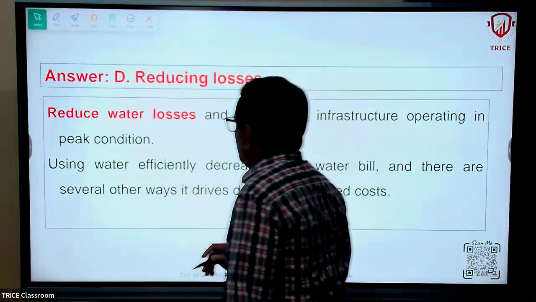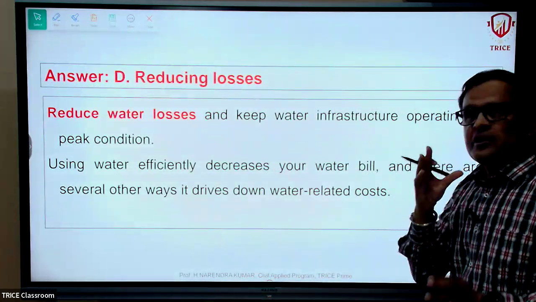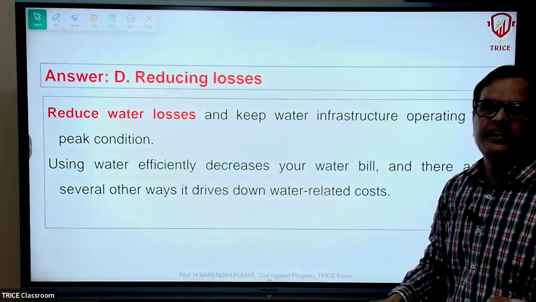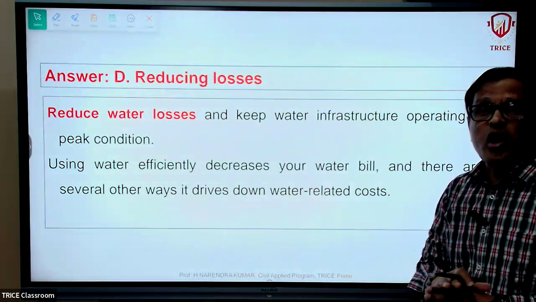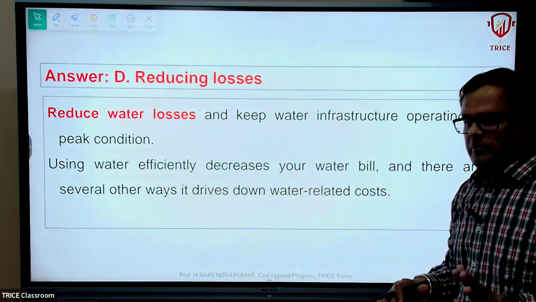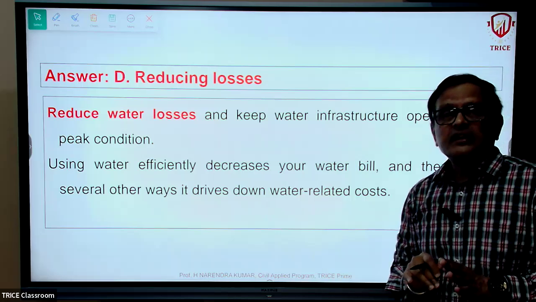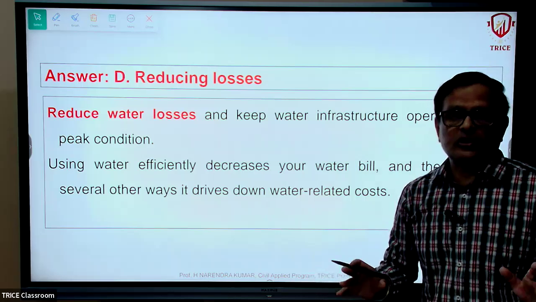And if you are a Bangalorean, wherever you look, there will be a leakage in your locality. Without leakage, we don't know how our distribution network system works. Because Bangalore city has water distribution system in many localities that are 35 to 40 years old.